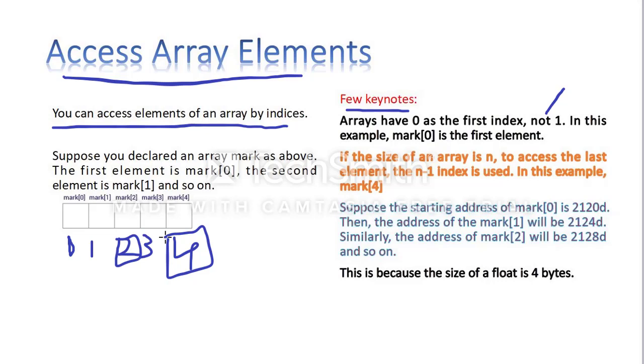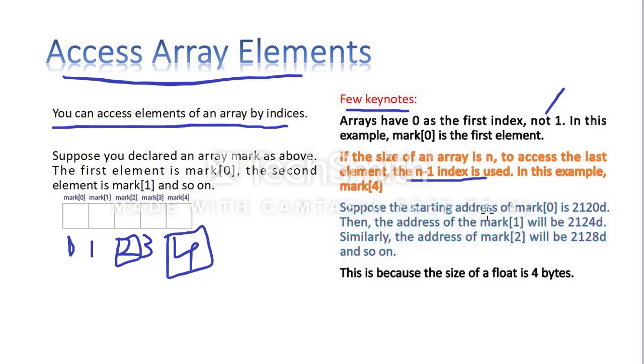If the size of an array is n, to access the last element the n-1 index is used. Remember this point: to access the last element, you have to use the n-1 index. For example, if the size is 100, then 100 minus 1 is 99, which is the last index of that array.